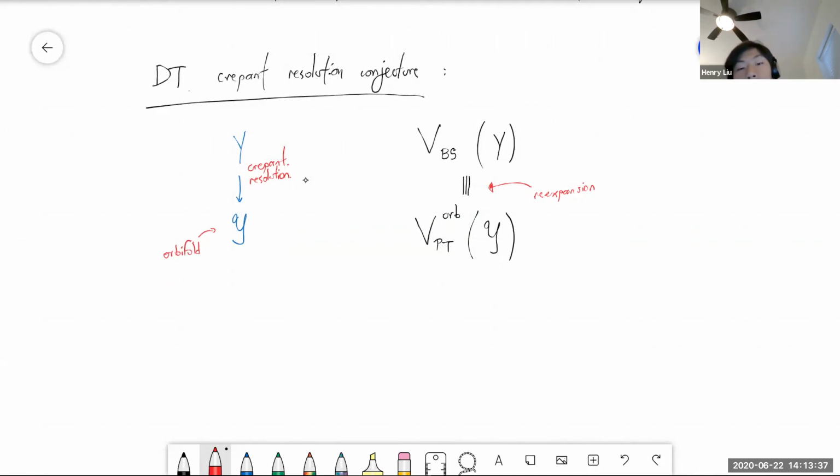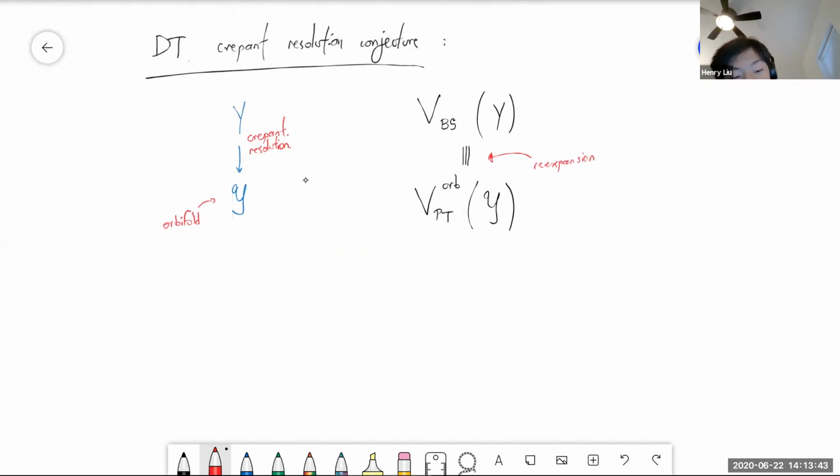Okay, so let's assume we knew nothing about the crepant resolution conjecture. And let's just try to push this whole thing through to the quasi map side. So we can start off with the PS vertex for my threefold Y. And we can apply this correspondence, this PS quasi maps correspondence.